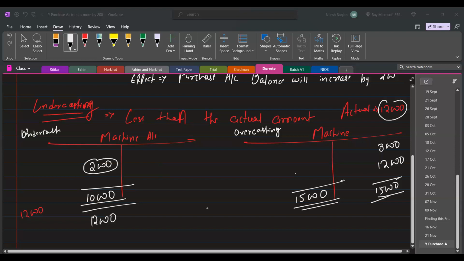And the last one is omission of posting: we have posted in one account correctly, but in the other account we have omitted it, we forgot to enter it in the second account. So these three types of error can happen at the time of posting. The first is error in accounts, the second is error in amount, and third is omission in posting. You understood these three?